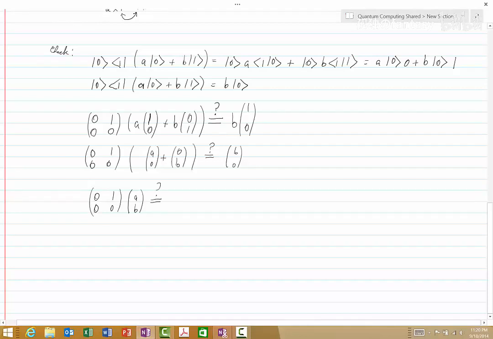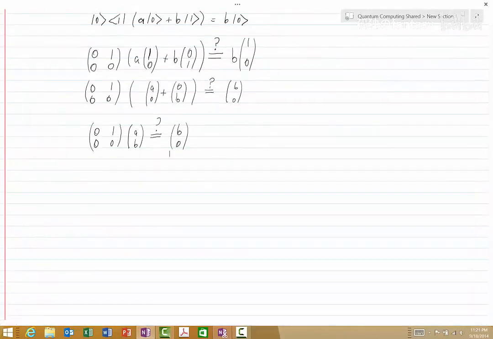And we ask if that is equal indeed to B0. And now we're ready to do our matrix multiplication. So we go across this row and down this column, and we'll get 0 times A is 0, 1 times B is B, 0 and B is B.